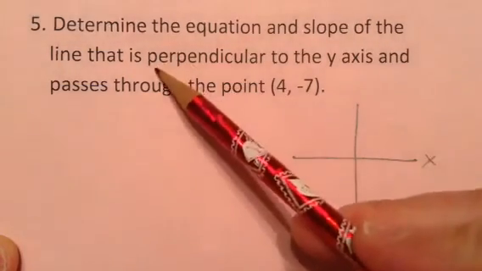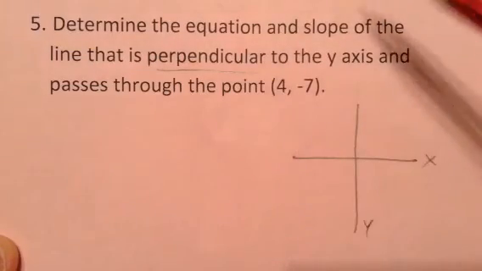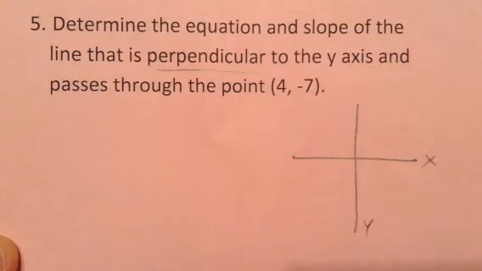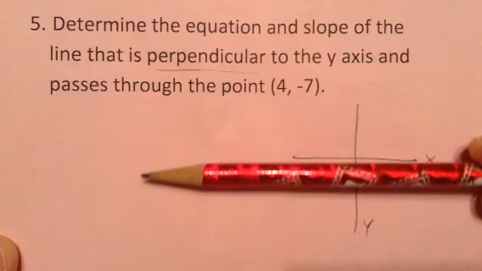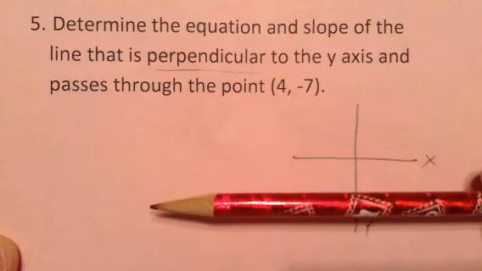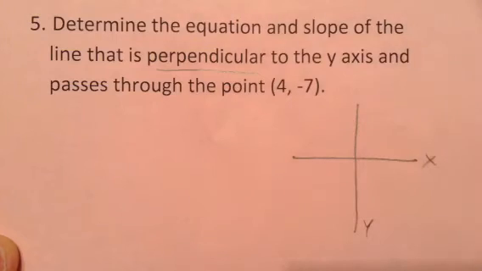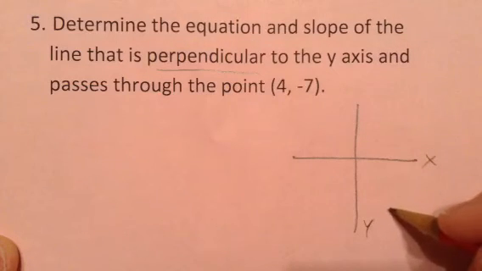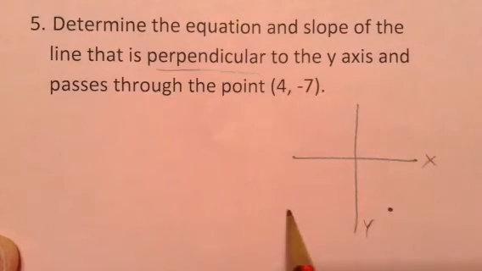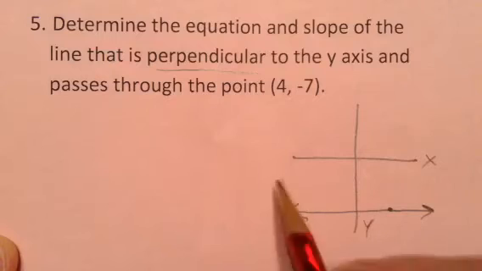Okay, I'm going to be perpendicular. I want to form a right angle to the y-axis. So in order to form a right angle to the y-axis, I have to be horizontal. 4, negative 7 would be somewhere right here. Horizontal.